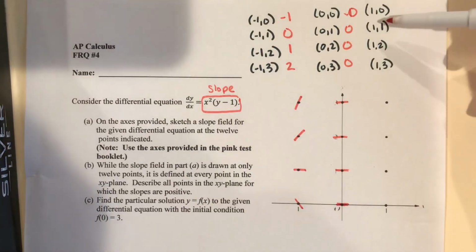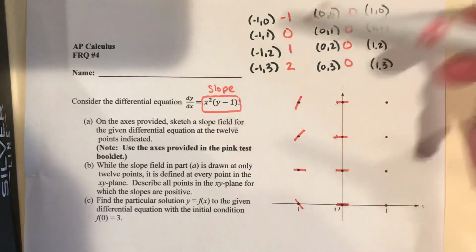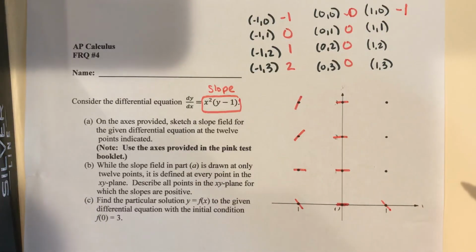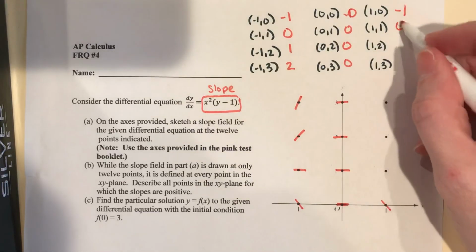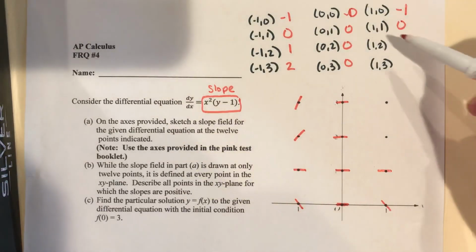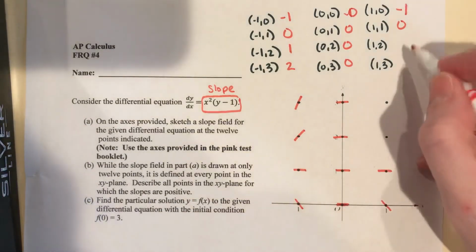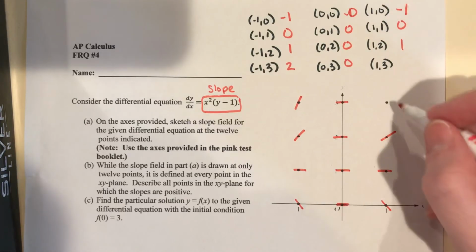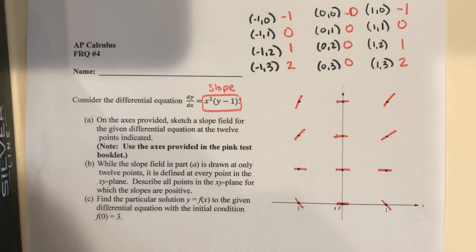Okay, last column. (1, 0) would give me 1 times -1, so -1. (1, 1) gives me 1 times 0, so 0. (1, 2) gives me 1 times 1, which is 1. And (1, 3) gives me 1 times 2, which is 2. So part A is complete. Let's go to part B.